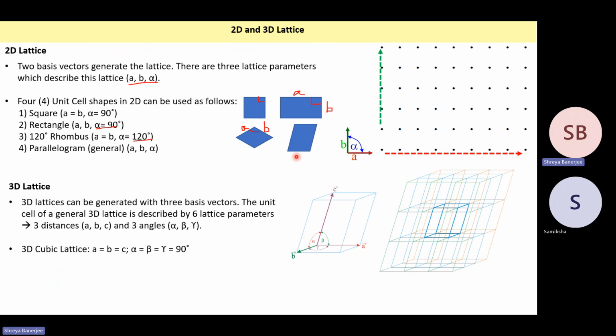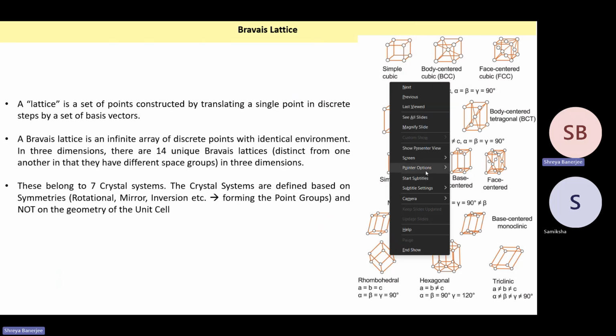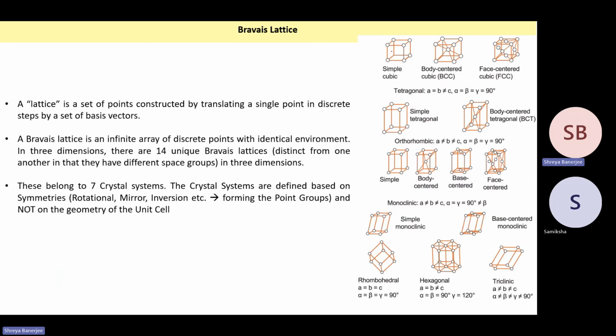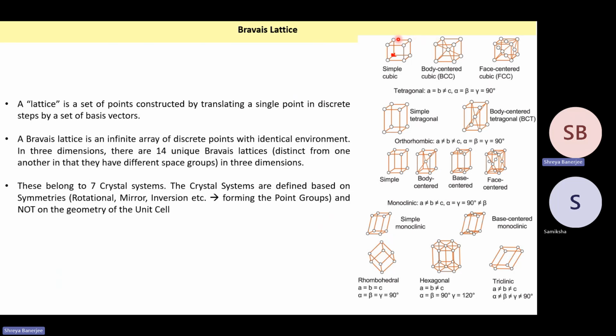So now 3D lattice can be of 14 different types, which basically makes up the Bravais lattice. In the Bravais lattice, the simplest one is simple cubic, where you have 8 molecules on the 8 corners of the cube.